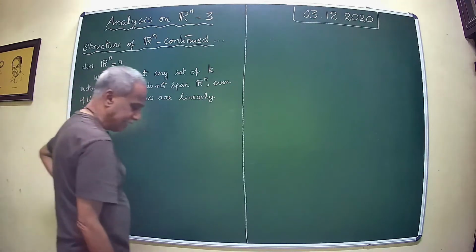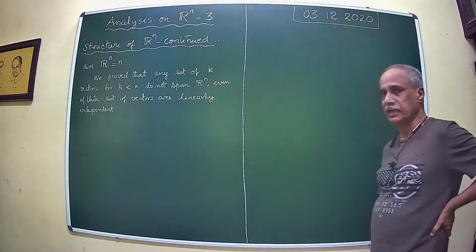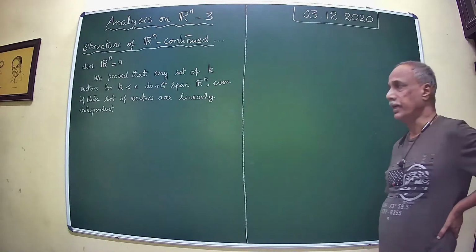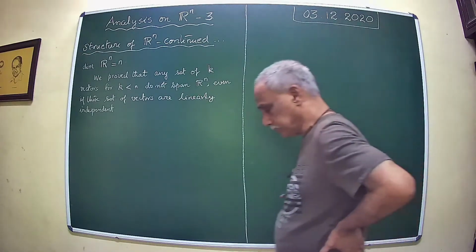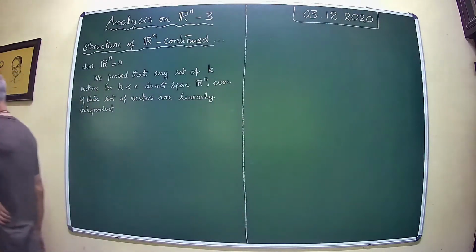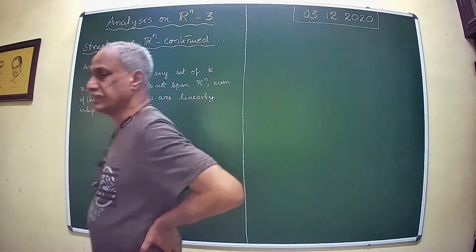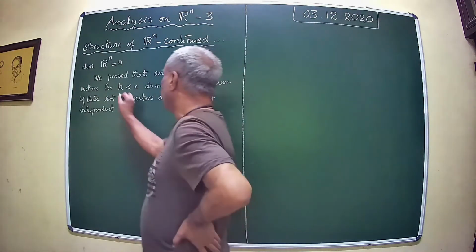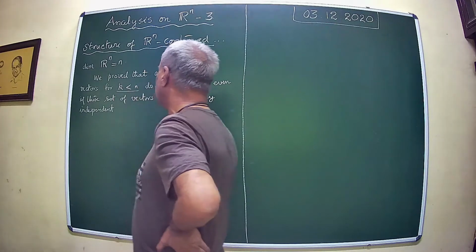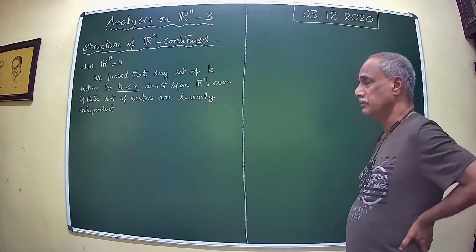So in short, we can say that if you choose k vectors x1, x2, etc., xk, which are linearly independent also, where k is strictly less than n, then it cannot span Rn.